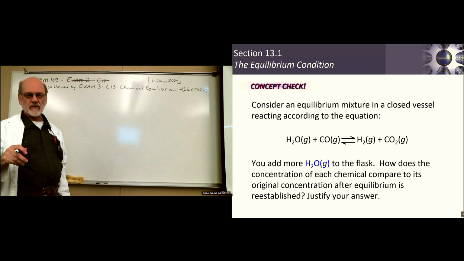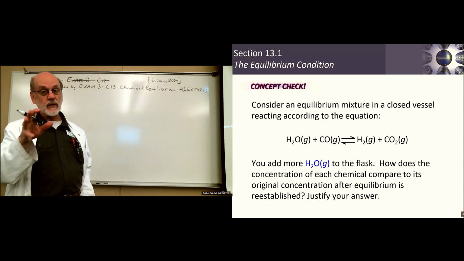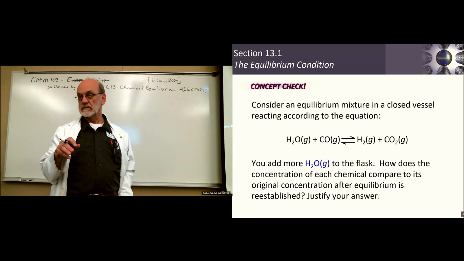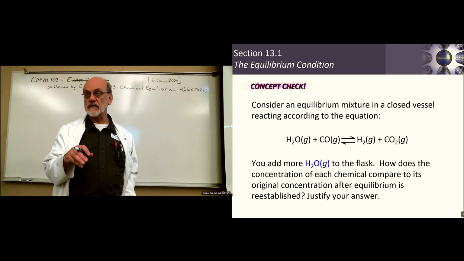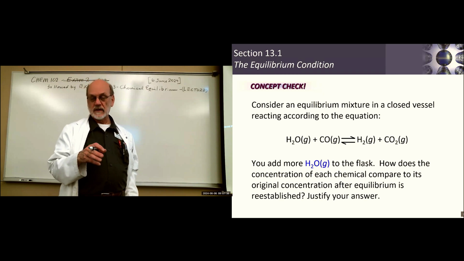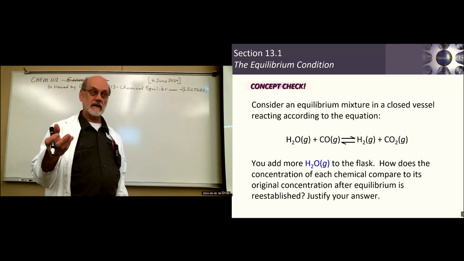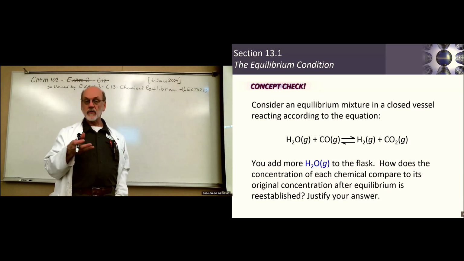Look at this particular reaction and say, what's going to happen if this reaction is at equilibrium? What if you add water to this reaction? You increase the concentration of water vapor, and it's reacting with carbon monoxide to produce hydrogen gas and carbon dioxide. If you increase the amount of water, then what do you have?